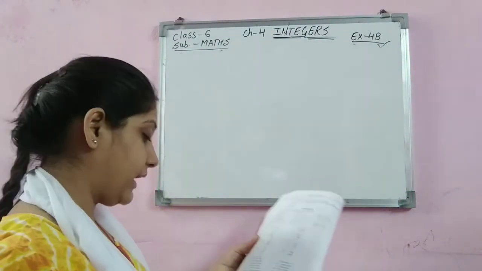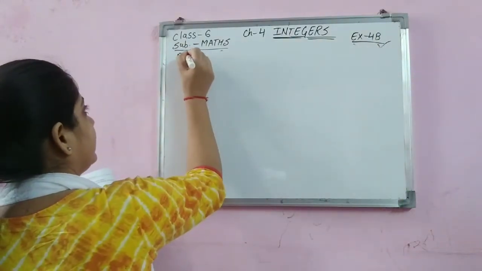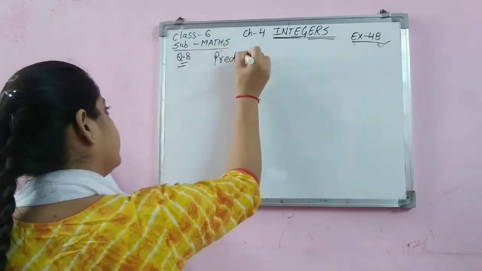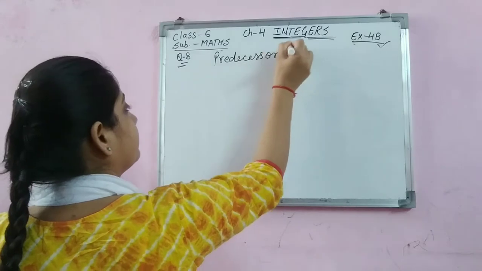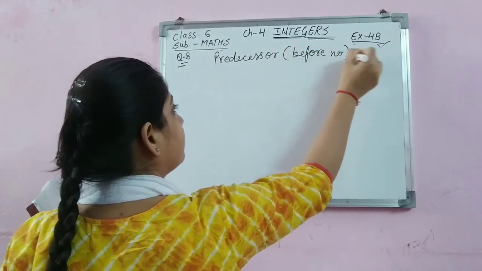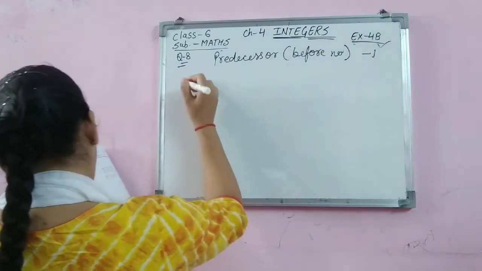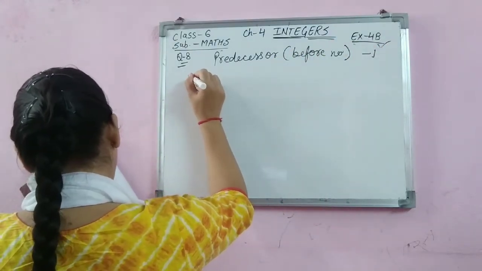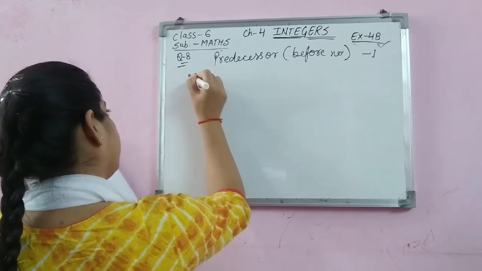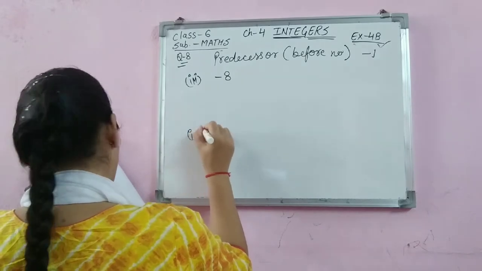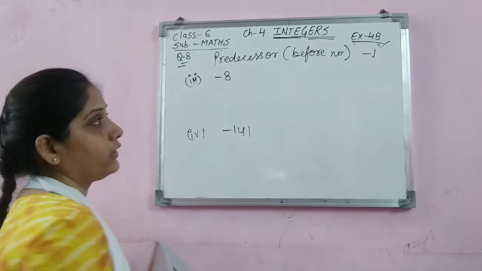Before the number, that is question number 8. Predecessor. Predecessor means before the number, or we can say minus 1. So here I am taking the third one and fourth one. Third part is negative 8 and fourth part is negative 149.